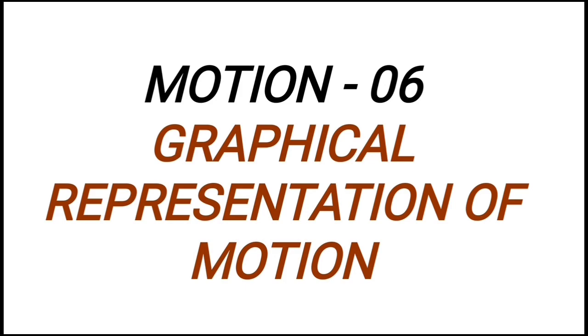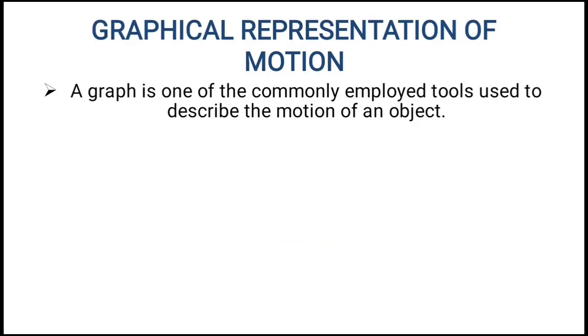Why is it needed? Because all the terms which we have learnt in previous lessons can be represented with the help of a graph. So students, a graph is basically a commonly employed tool which describes the motion of an object. That is, we can say that it gives the pictorial representation of the motion with the help of which we can determine the distance traveled by the object in a particular time period.